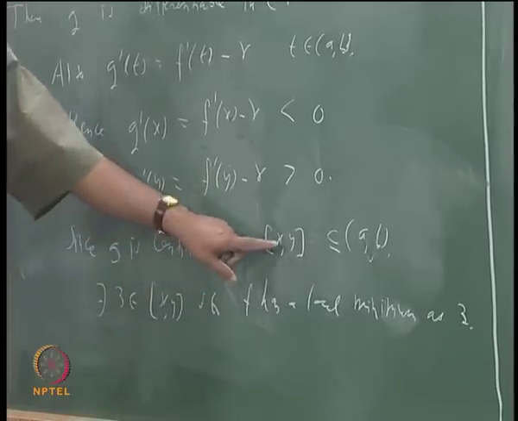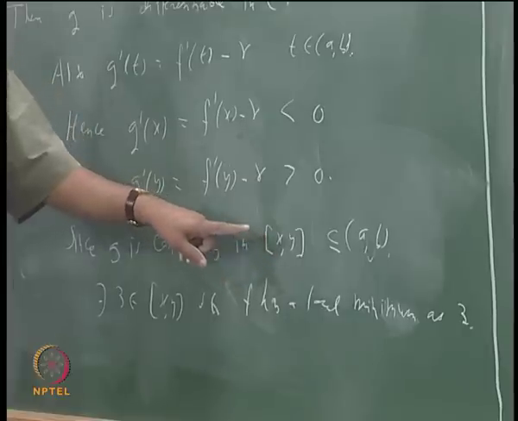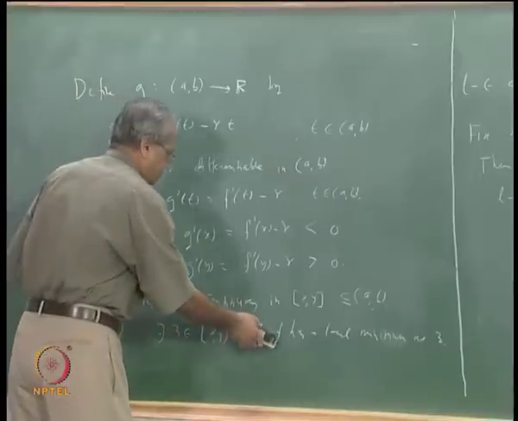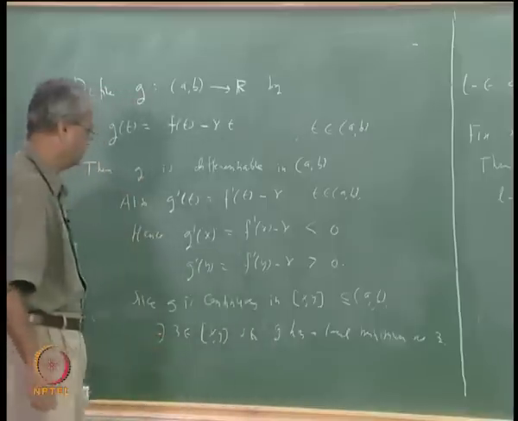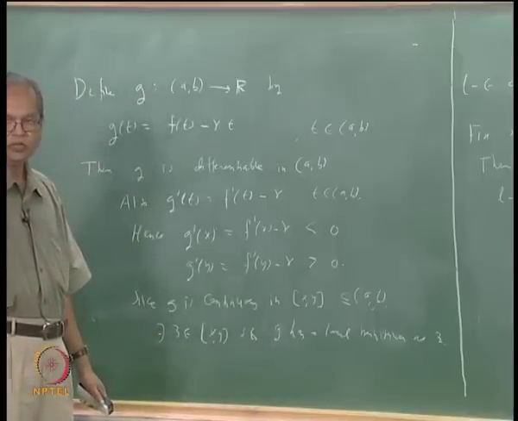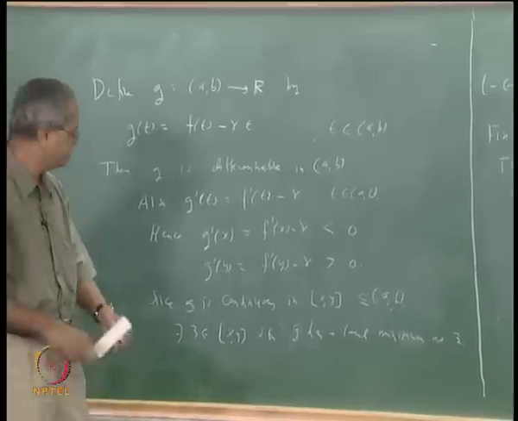Suppose Z is equal to x. It will mean that this G has a local minimum at x, but is that possible?